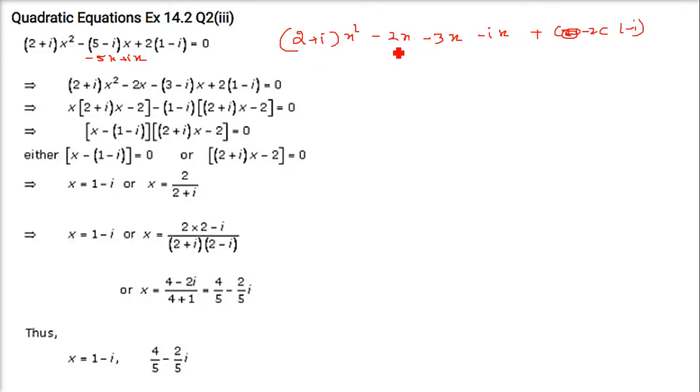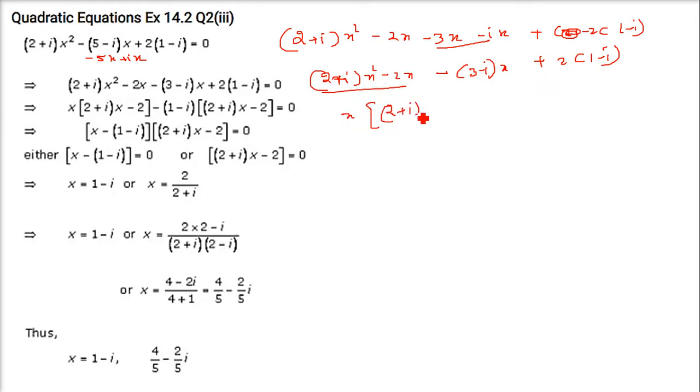Now from here, I'm making it as 2 plus I x square minus 2x. From here I'm taking this as x common, so 3 minus I into x, and this will remain as 2 into 1 minus I. Now from here take x common. What do you get? 2 plus I into x minus 2.